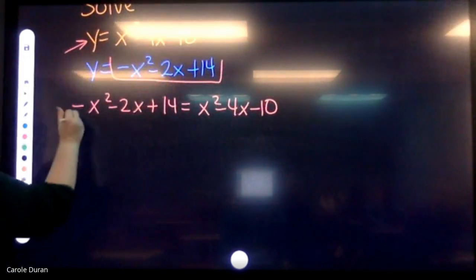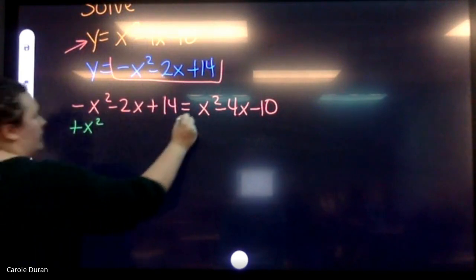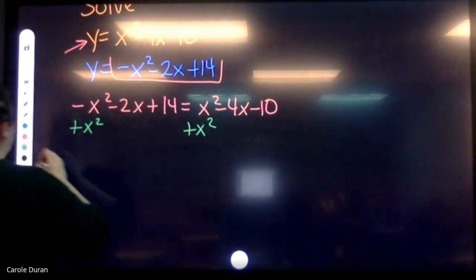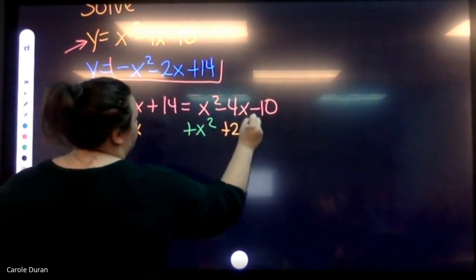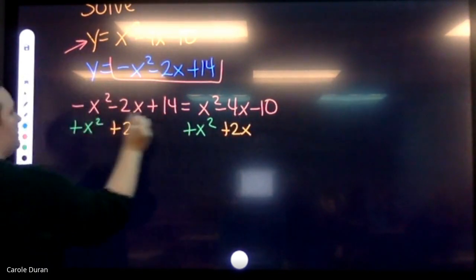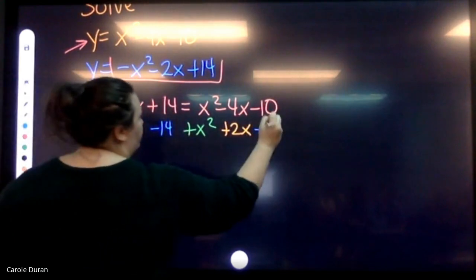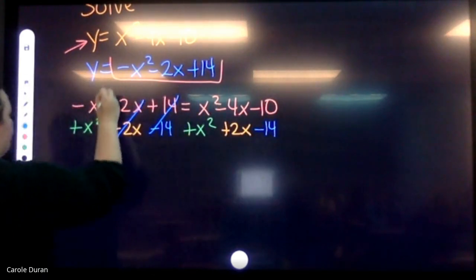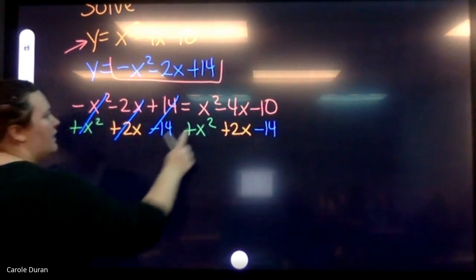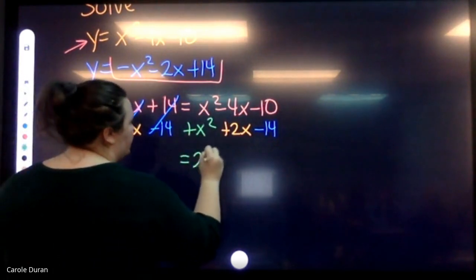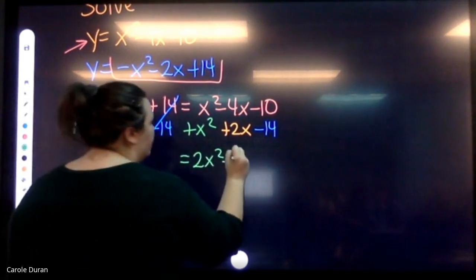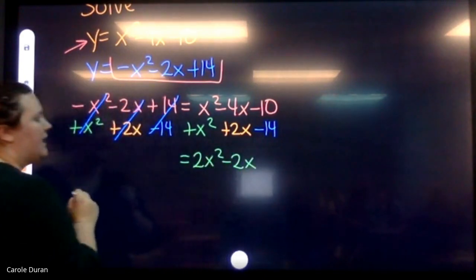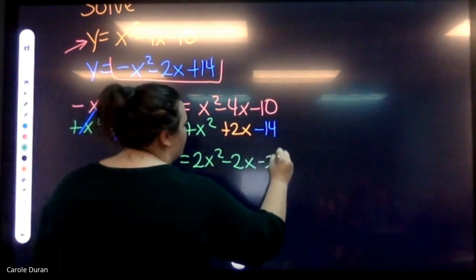So I'm going to start by adding this x squared over. Then I'm going to add this 2x over. And then I'm going to subtract this 14. So when I do that, x squared plus x squared equals 2x squared. Negative 4x plus 2x is a negative 2x. And negative 10 minus 14 is a negative 24.